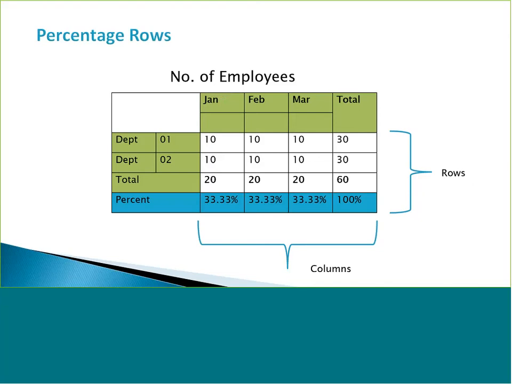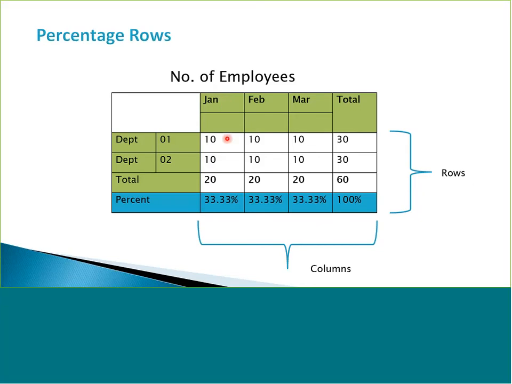So anyway, we can say that in January, this is the total number of employees that were added, and then in February, this is the total number of employees that were added, and in March, these were the total number of employees that were added. That's across the departments, okay? So we can say that's period-wise across all departments.